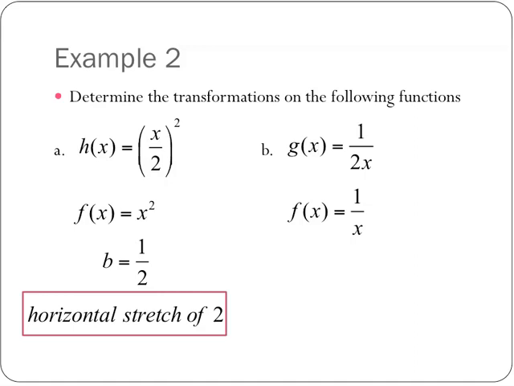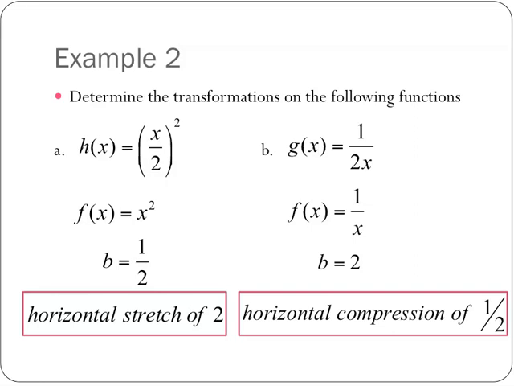And so inside the function, right next to the x, before it's 1 divided by that value, within that function, we have a 2, which means b is equal to 2. Now, since b is greater than 1, this corresponds to a horizontal compression by a factor of the reciprocal of this, which is 1/2. So it is compressed by a factor of 1/2.